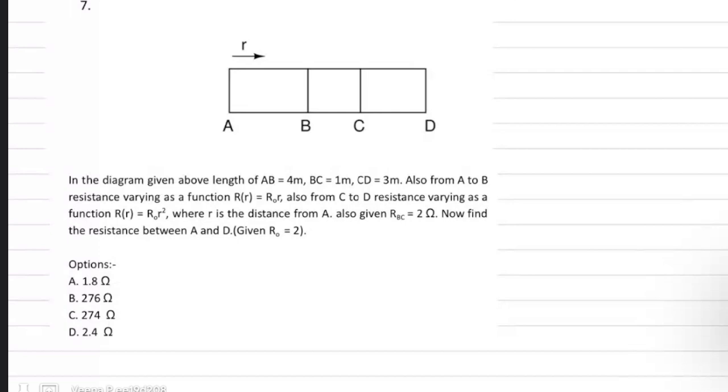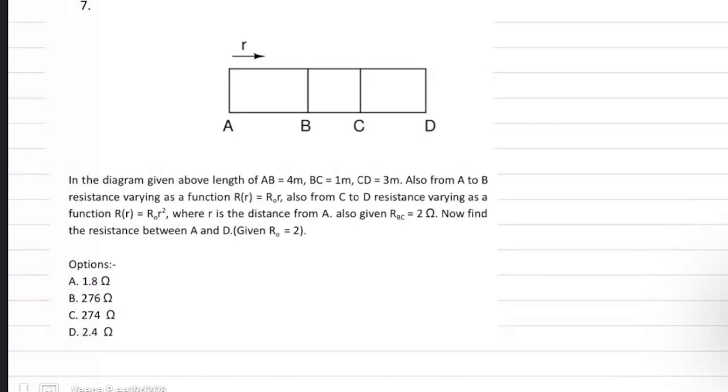Now RCD, similarly, from C to D, at each segment, the resistance is different. So you have to find the summation. So from C to D, the integral is from C to D, R0, r square dr. Now C is 4 plus 1, 5. And D is the whole length, which is 8.